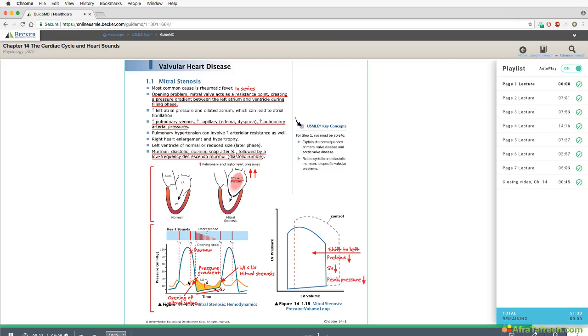Just to repeat that, the pressure volume loop shifts to the left as a general change because the ventricle is smaller than normal in many cases. You have a problem getting the blood from the left atrium to the left ventricle. Preload goes down, stroke volume goes down, therefore systolic pressure goes down. But again, the loop does not help you identify the state, it's just a smaller ventricle.